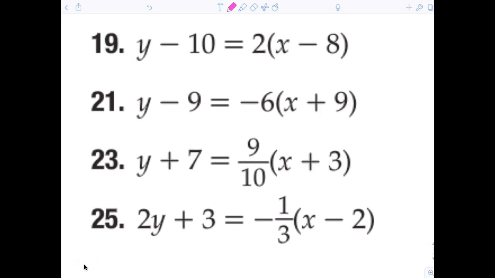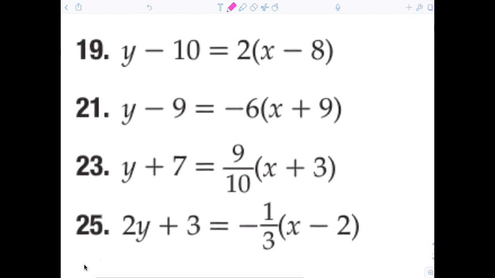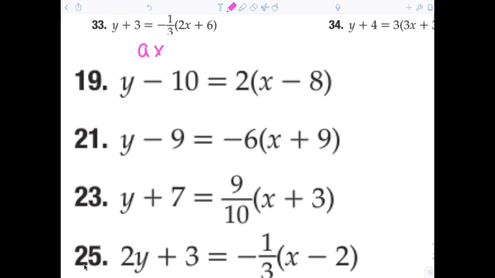All right, Drew, tell me, what do I have to do first for 19? Standard form. Now look right here, buddy. I don't want to throw you off. Remember, what I'm trying to get at is ax plus by equals c.